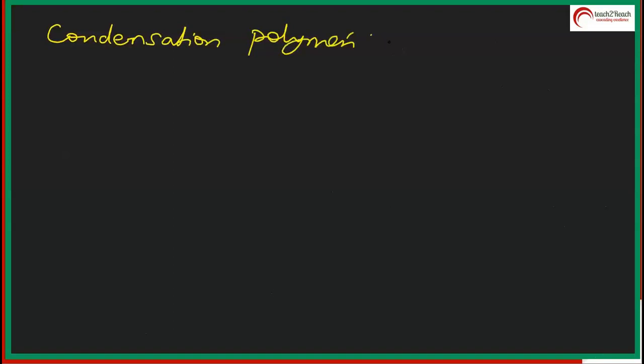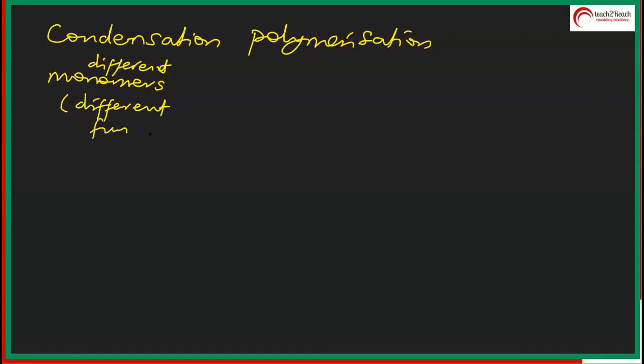So for condensation polymerization, just to bring the two together, comparing it with addition polymerization, in condensation polymerization usually you have different monomers. Different monomers means that they have different functional groups.